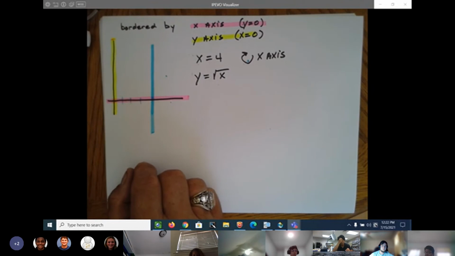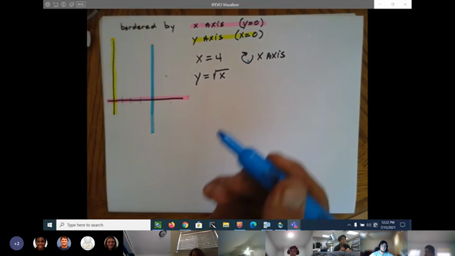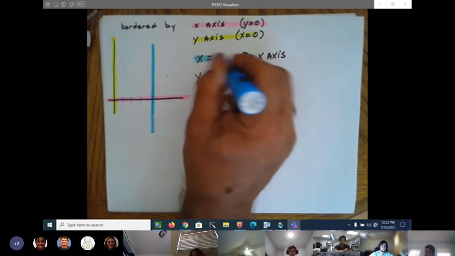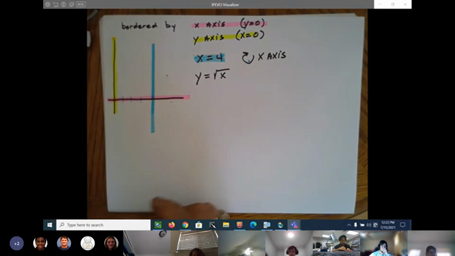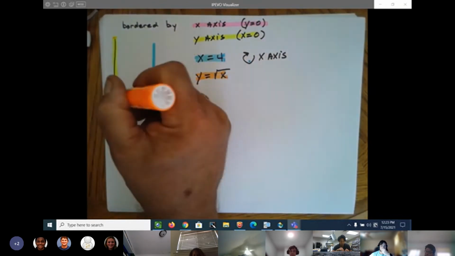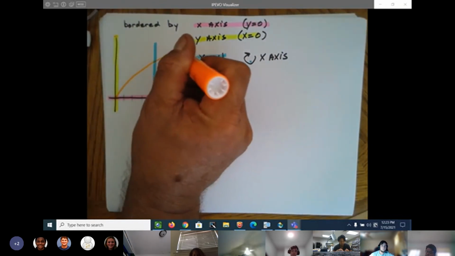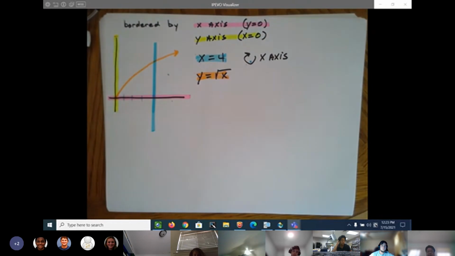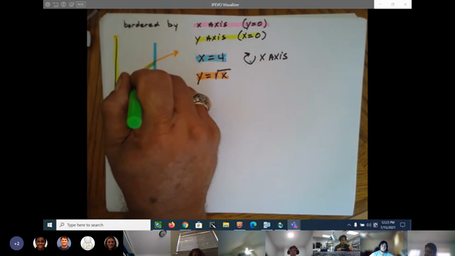And, oh, I forgot to color that blue. And we'll color this orange. Nice to know those parent graphs that I told you to write down at the beginning of the semester. That algebra stuff.